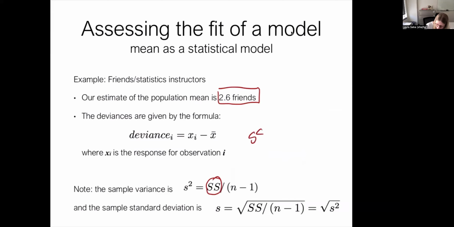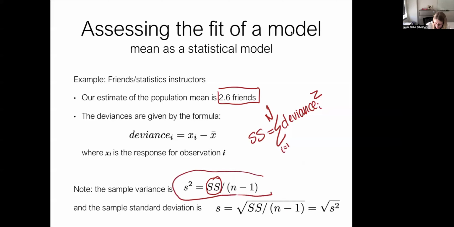So the sum of squared errors is the sum of the deviance squared. And like we saw before, in the simple mean model, this equals what we were calling our sample variance, and the square root represents what we were calling our standard deviation.